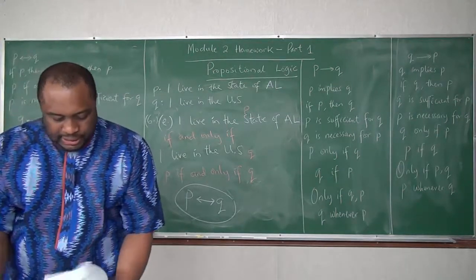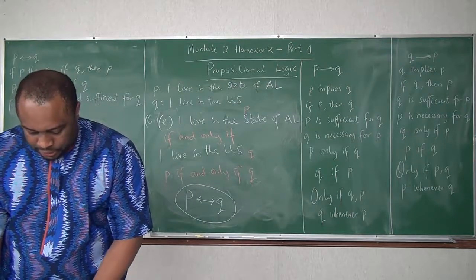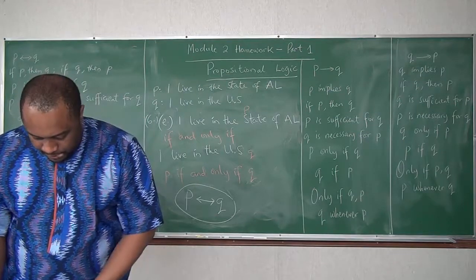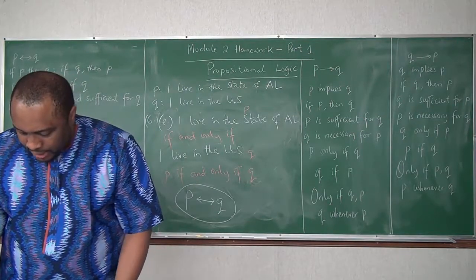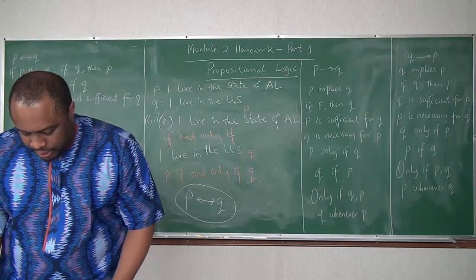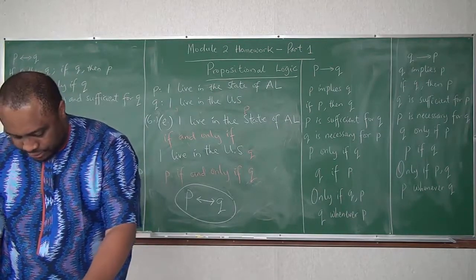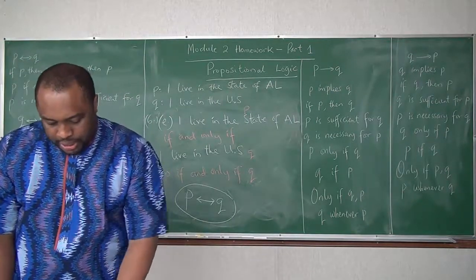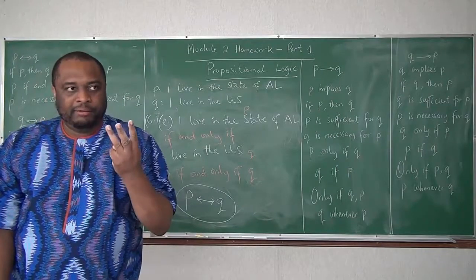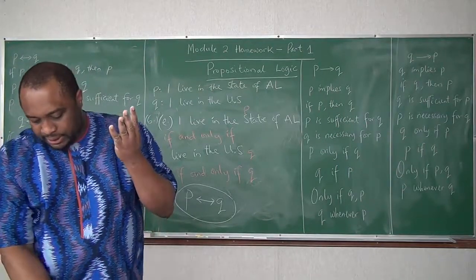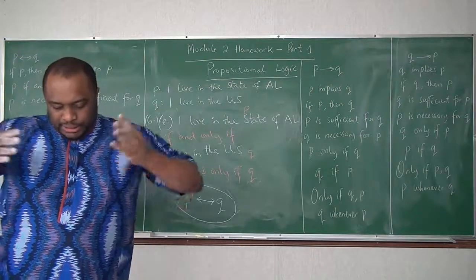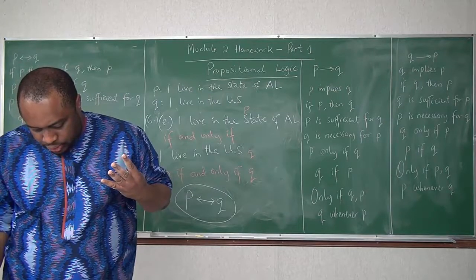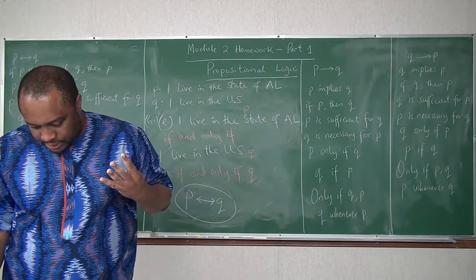So far, how many questions have we done? We did question 1, question 2, question 5, and question 6, 4 questions. I don't want this video to be too long, so let's go ahead and do question 7.